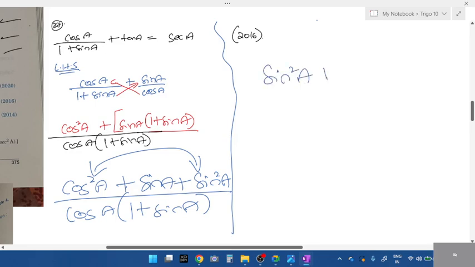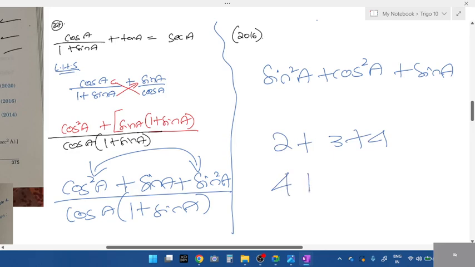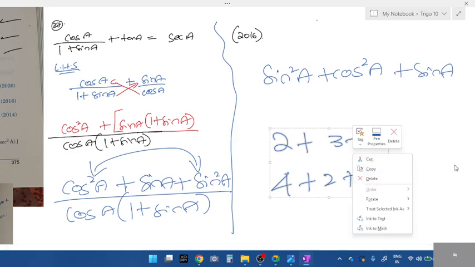Sine square A plus cos square A plus sine A. Fine, you can rearrange. See, if 2 plus 3 plus 4 is given, you can rearrange this into 4 plus 2 plus 3. The value is not going to change. When minus is given, it is difficult, students. But when plus is given, you can rearrange them like this. Oh, sorry, plus and minus, it doesn't matter.